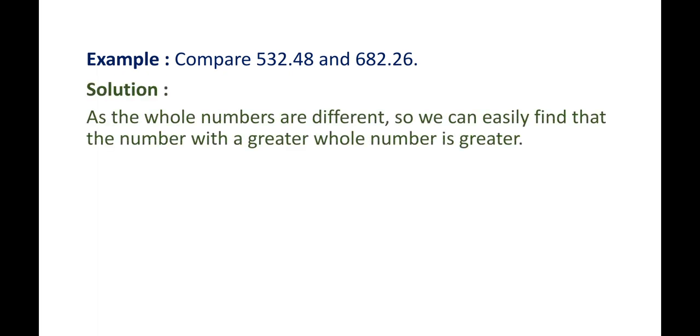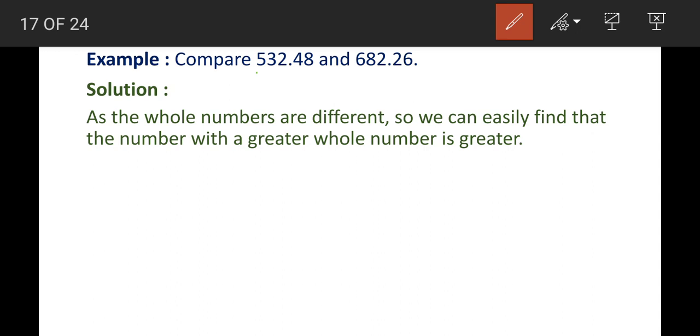Come to one more example. Compare 532.48 and 682.26. Come to the solution. First, as you know, we have to compare the whole part first. Here the whole parts in these two numbers are 532 and 682.